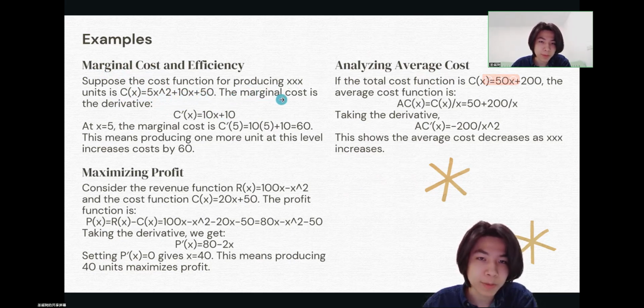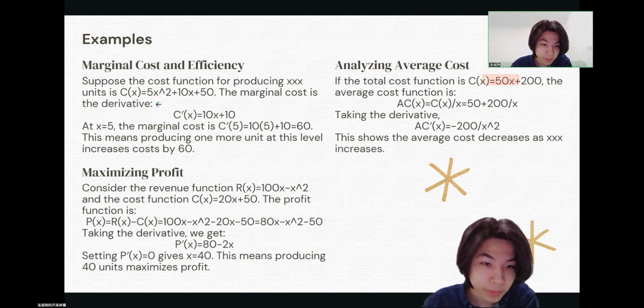The marginal cost is the derivative of C with respect to x, which equals 10 times x plus 10. For example, when x equals 5, the marginal cost is 10 times 5 plus 10, which equals 60. This means producing one more unit at this level increases costs by 60.